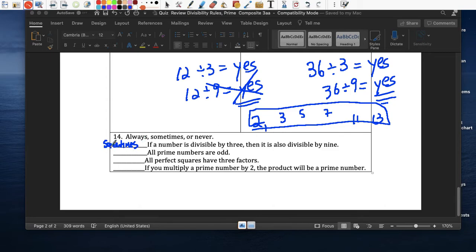Not always. No, we can't say that. So the answer is never. We can never say all prime numbers are odd. I would write never.